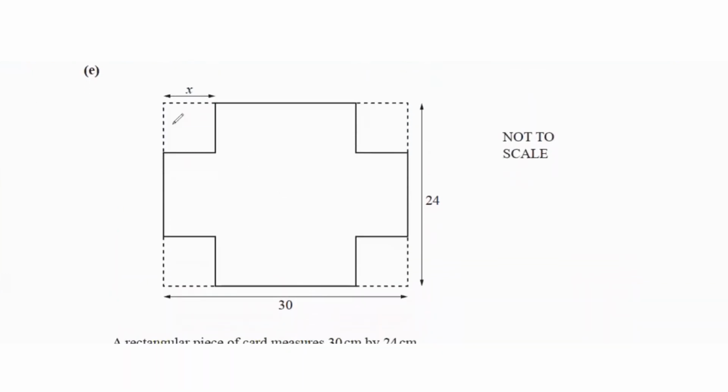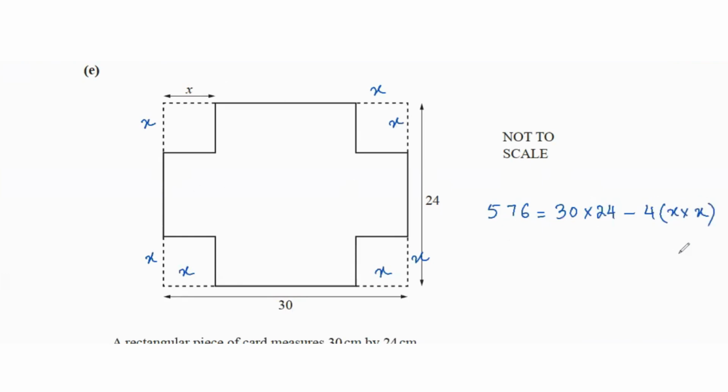So if this is x, that means this is x, x, x, x, x, x, and x, because these are squares. So 576 is the area of the net that is given. So that's going to be equal to 30 times 24 minus 4 times x times x.